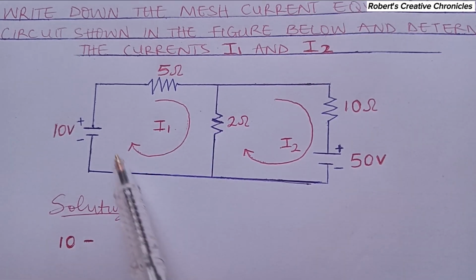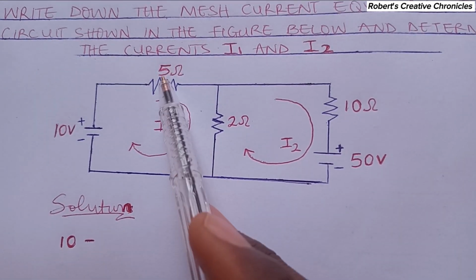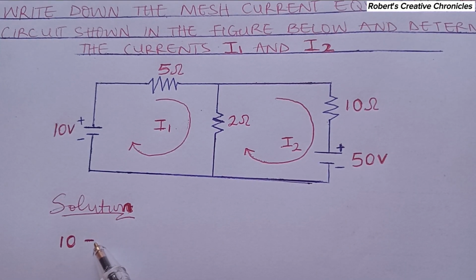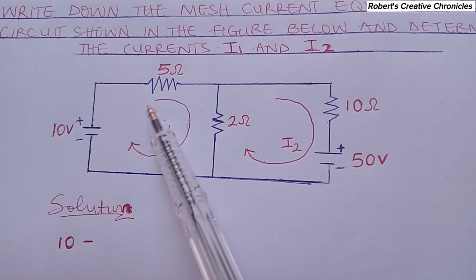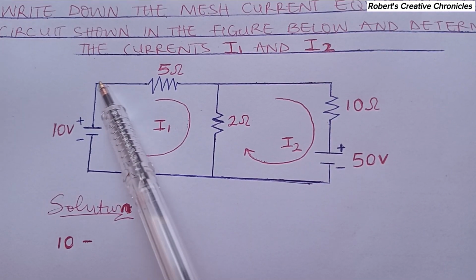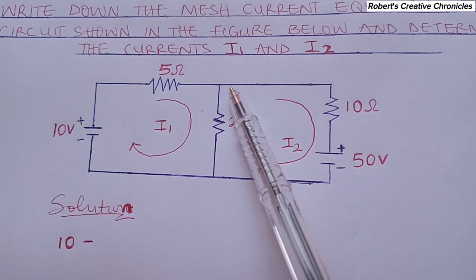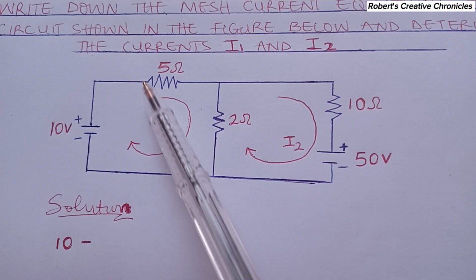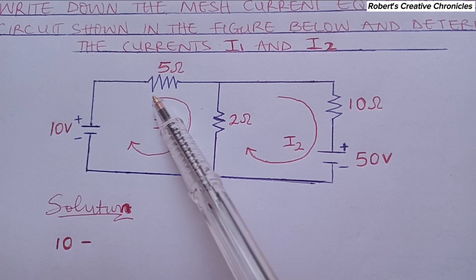Now, when we move through this 5 ohm resistor, the reason for this negative sign is that the current we assumed is moving from here going through this resistor, and we're also moving in the same direction as this current, and current flows from higher to lower potential.